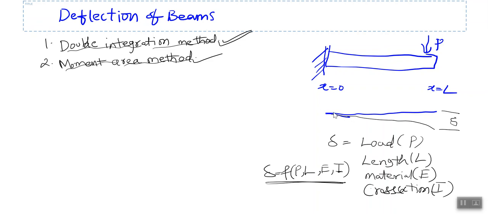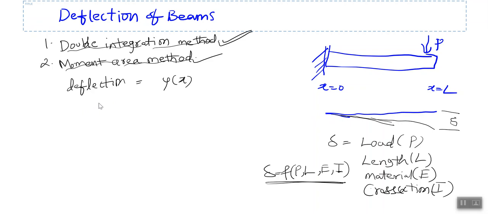This deflection curve is nothing but the y of x. Basically this y is a function of x because this deflection is varying with respect to the distance from the fixed end.